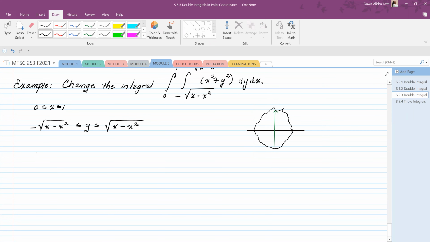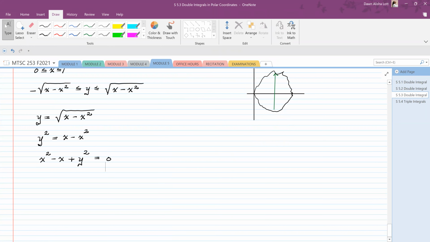So if y is equal to the square root of x minus x squared, then that says that y squared is equal to x minus x squared. So then that says that x squared minus x plus y squared is equal to 0.